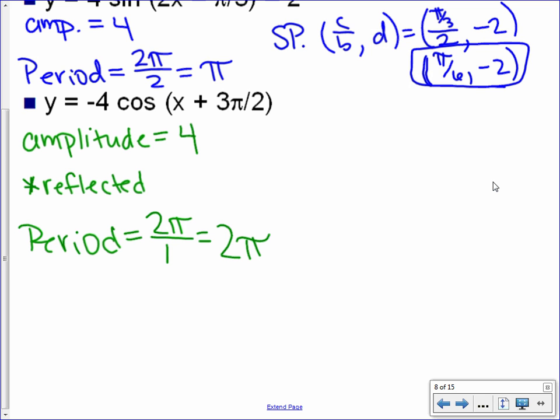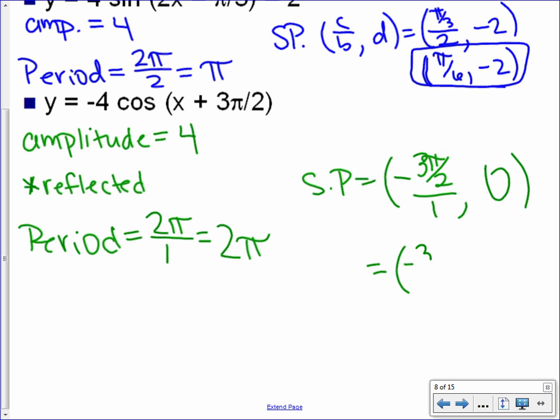And then our starting point. What is our c value? Be careful. It is negative 3 pi over 2, divided by our b value, which is 1. And since we aren't adding any number over here, our d value is 0.